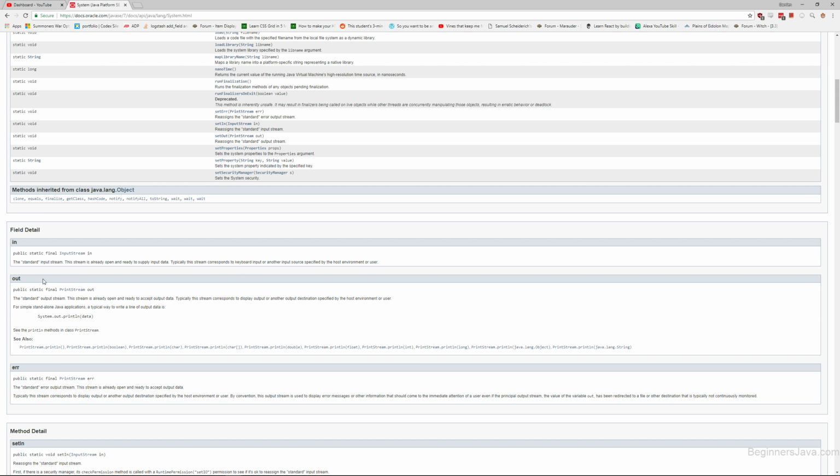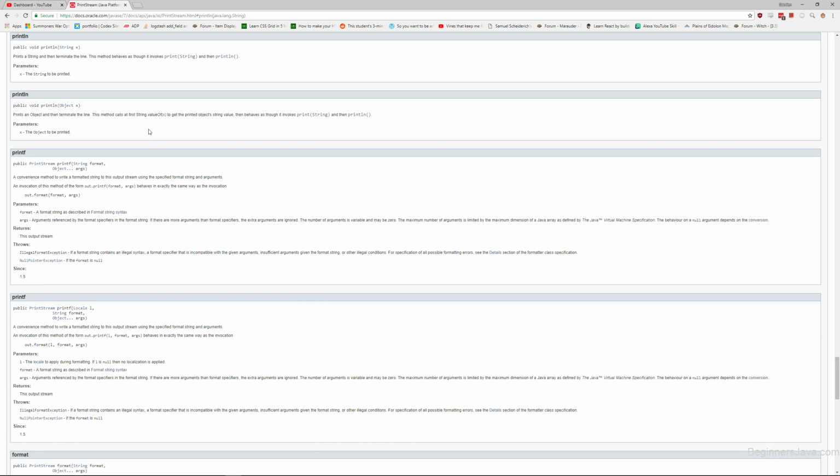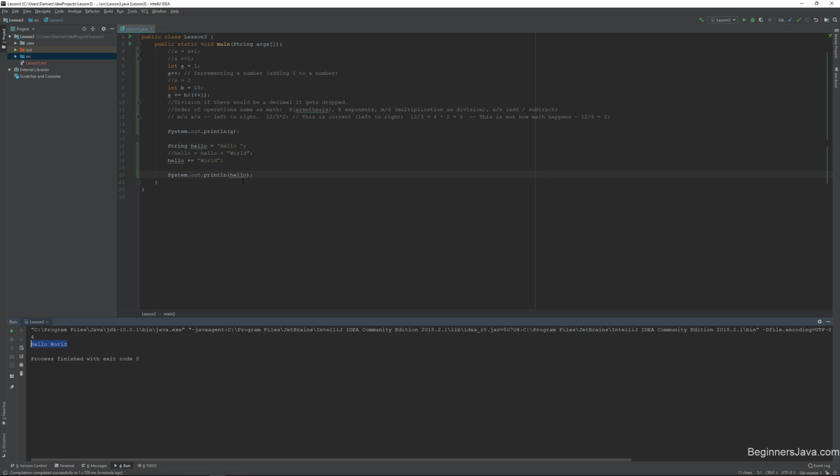One of the things we see is out, and if we do out.println, we see a whole bunch of different options. The one that we use predominantly is string. What that means is it prints a string and then ends the line. And we provide it a string. That's what's in between these parentheses.